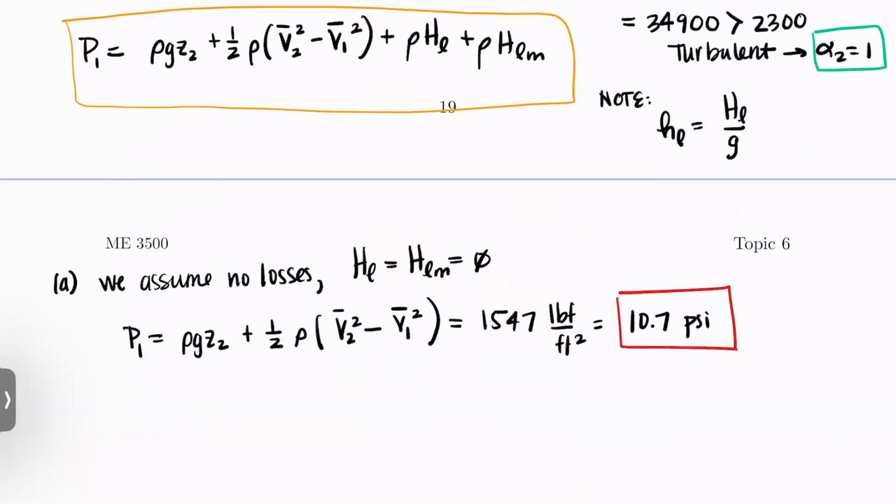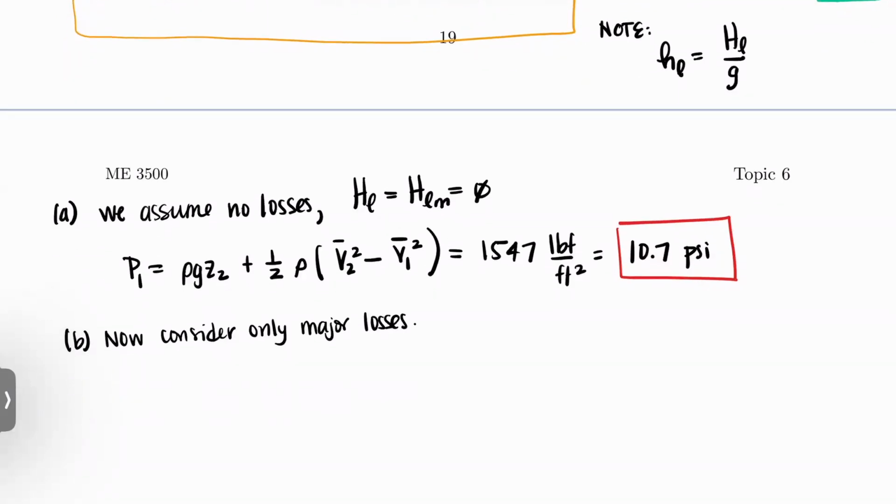Okay, if not, let's talk about if we consider just the major losses. All right, so if you remember, major losses are just losses in the straight sections of piping.